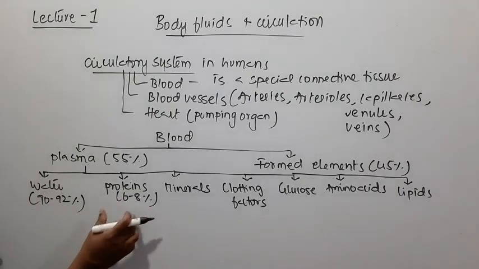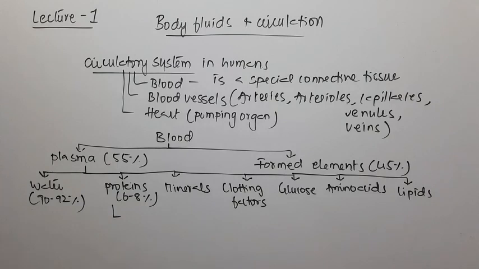So coming to these proteins that are around 6 to 8%. The major proteins in the plasma include fibrinogen, which is an inactive clotting factor. Then the next one, globulins, like immunoglobulins, and then albumins.